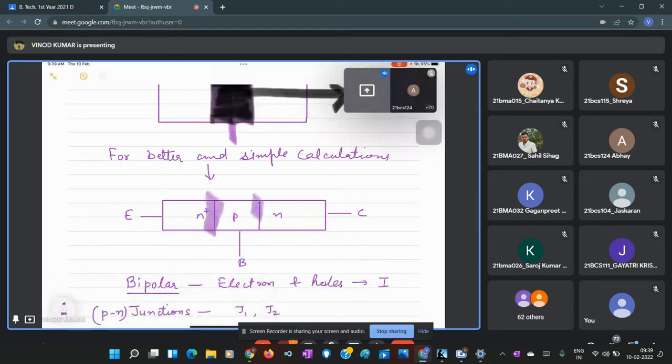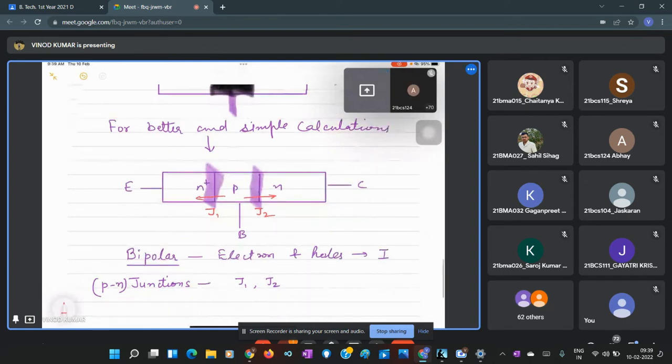This is a junction here, and this is another junction here. Am I right? I'm saying junction J1 and junction J2 because this is NP here, and this is PN type here. So two PN junctions are here. That's why it is a bipolar junction.